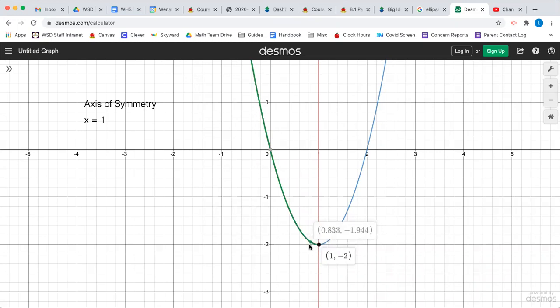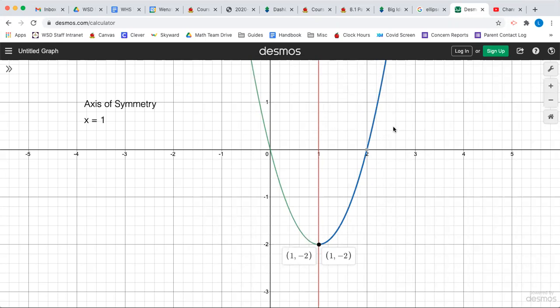Then we come all the way down here to our vertex, and it reaches its lowest point, a y value of -2. And then if we get on the blue portion, it will start at -2 and start increasing from -2, -1.5, -1, 0, and then all the way up and off forever.